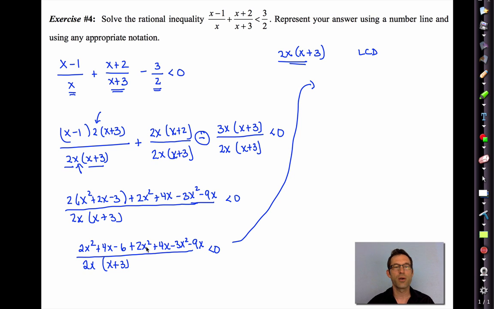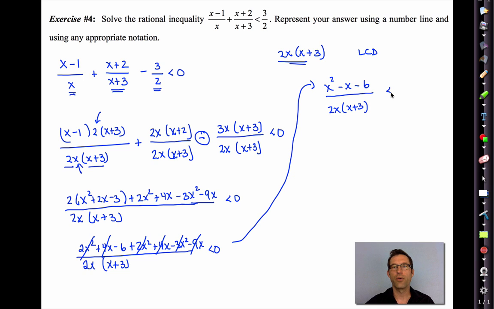We have 2x squared, 4x squared, minus 3x squared gives us 1x squared. All right, so that takes care of this, this, and this. Let's take a look at our x's. 4x and 4x is 8x, minus 9x gives me negative x. That takes care of this, this, and this. And then we have that negative 6, all divided by 2x times x plus 3.